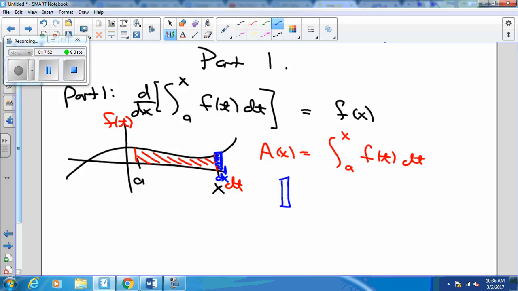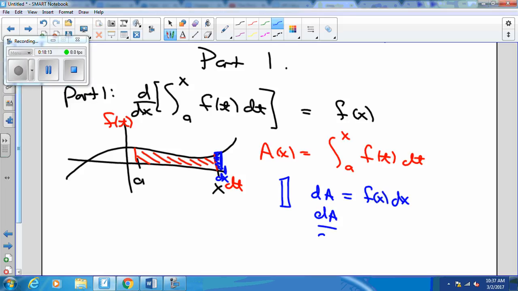And the shape that I have here is approximately a rectangle. Notice I said approximately because the upper edge is not horizontal, probably.